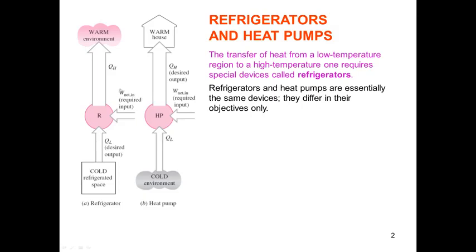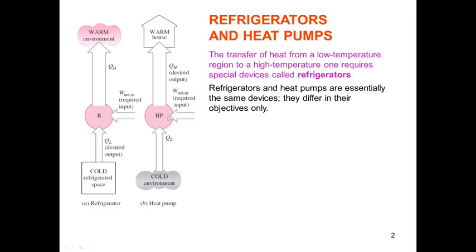For example, if you see in that figure, in the case of the refrigerator, our objective is to produce cooling in that space, for example the cold refrigerator space. In that case our objective is to produce a cooling effect. So the refrigerator will take heat, that QL, from the refrigerator space and transfer it to the warm environment with the help of certain work input, and that work input is normally provided to the compressor.